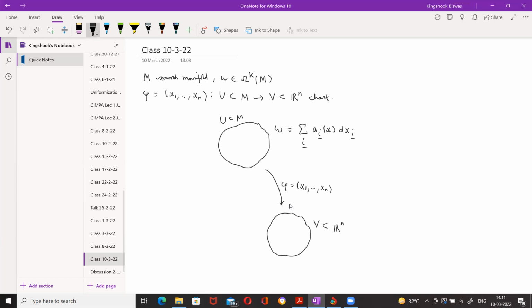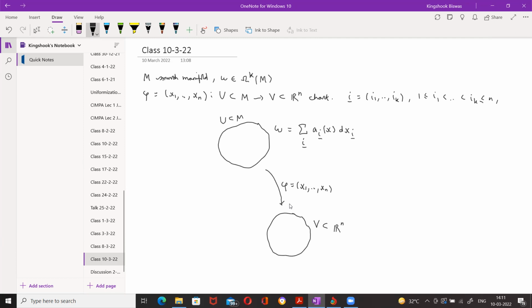Okay, so here, I bar is a multi-index I1 to Ik, where 1 less than or equal to I1 less than ... less than Ik less than or equal to n.